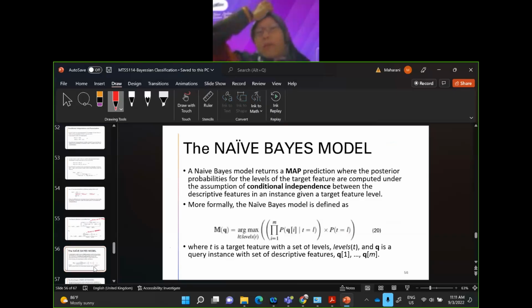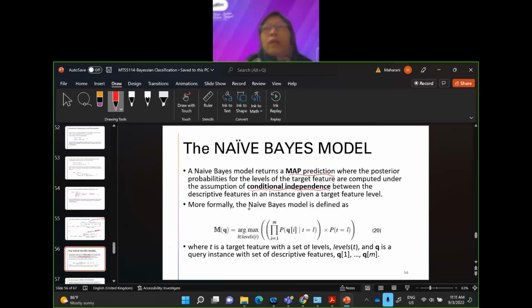Now we look at what the naive Bayes model is. A naive Bayes model returns a MAP prediction, where the posterior probabilities for the levels of the target feature are computed under the assumption of conditional independence. That's why we need this definition, because the naive Bayes model is only implemented when the features are independent of each other.